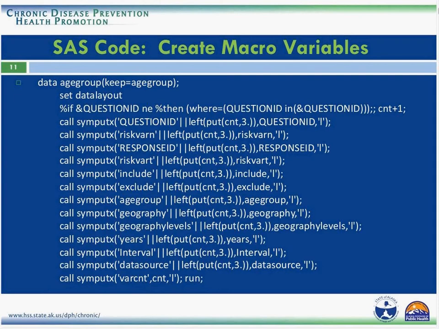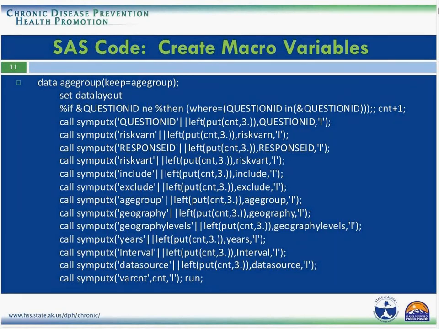We earlier had discussed the question ID. What this is going to do is read all of the rows within the data, and it's assigning a count. So we're creating an array. We're bringing in our question ID. Here's our risk var n, our BRFSS variable, response ID, the text that goes with the variable.